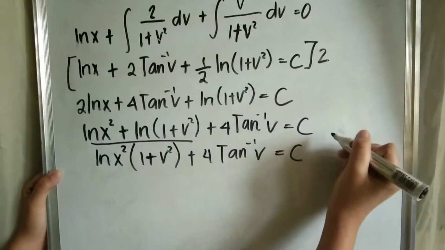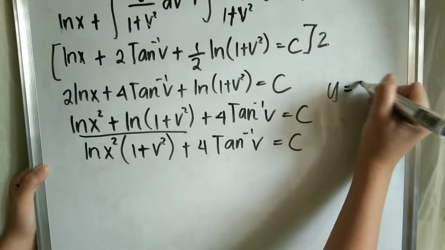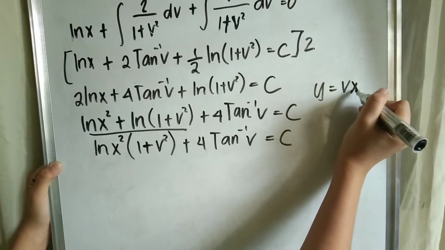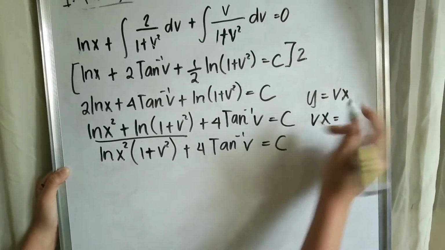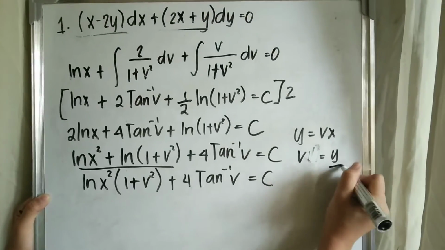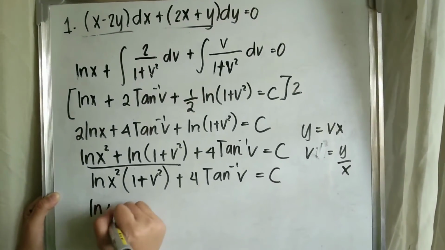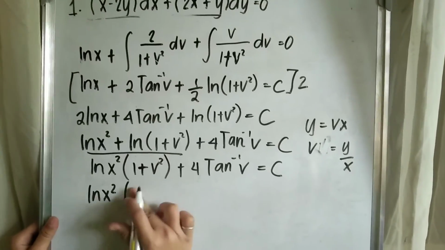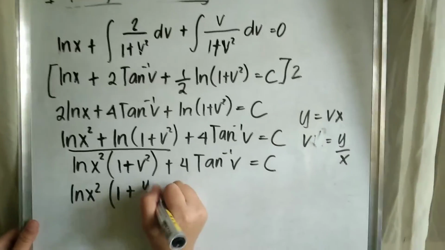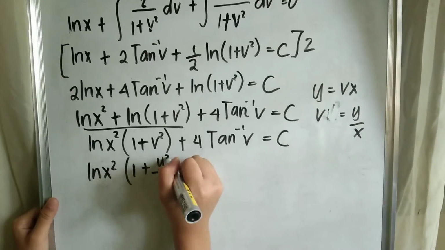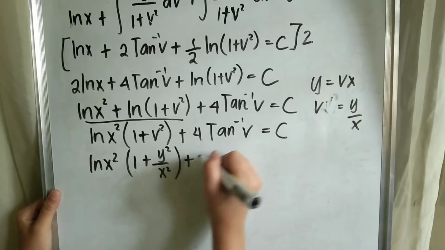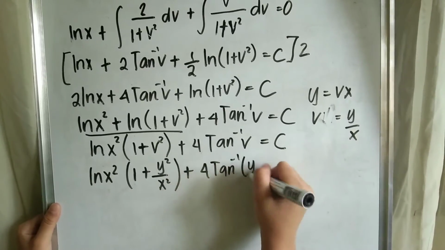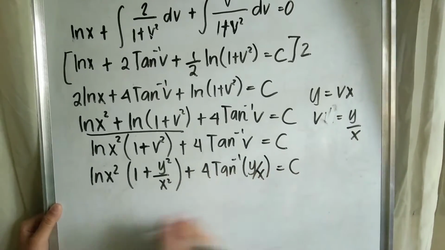So we will now substitute the value of v, which is from our previous y equals v of x. Our v will be equal to y over x. So ln of x squared (1 plus y squared over x squared) plus 4 arctan of y over x equals c.